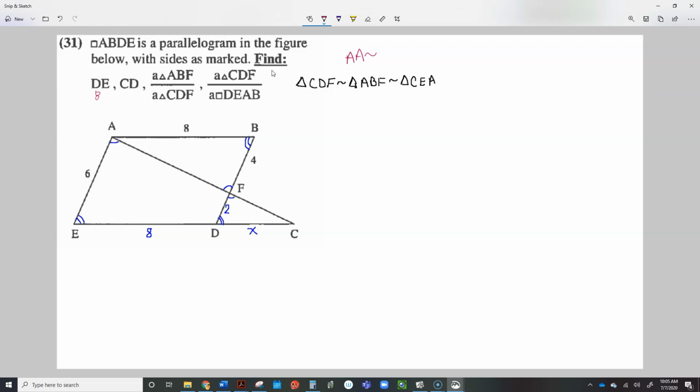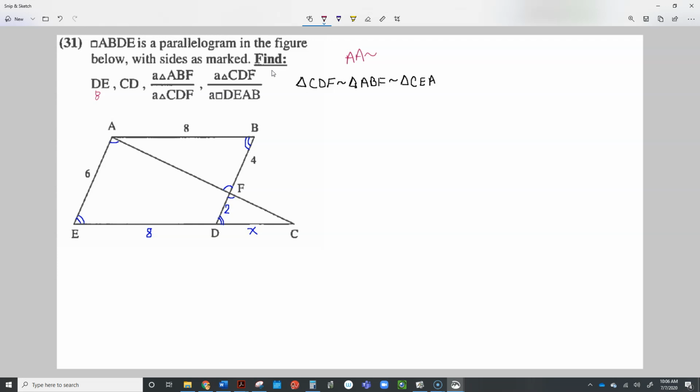These two are congruent because they're also corresponding. So the little one and the big one are congruent by angle similarity, and the same thing is true: the big one and the medium one are congruent by angle similarity, and if they're similar to another triangle, then all three are similar. Okay, so we've got some similarities going.